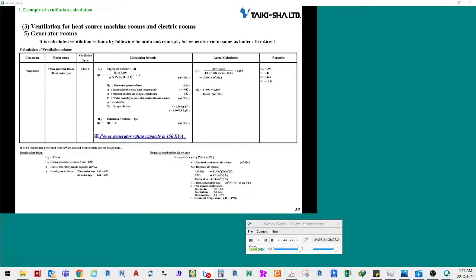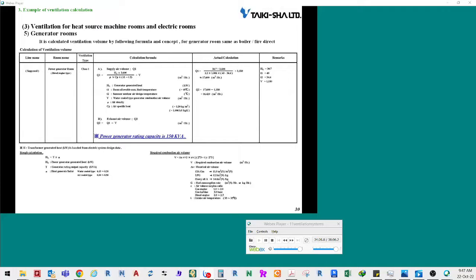Confirm the required amount of combustion air from a person in charge of the electric equipment or the manufacturer. The calculation formula to use is as shown on the slide. If you calculate, please calculate according to the specifications of the electric power generator.